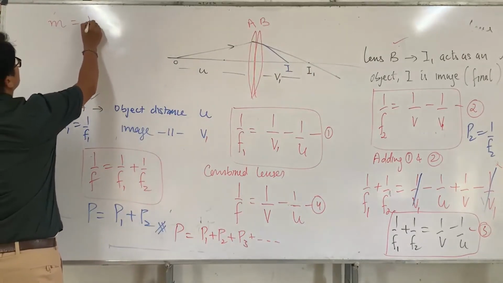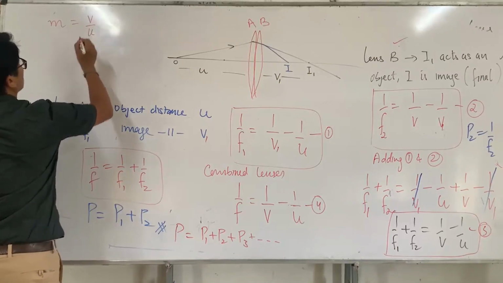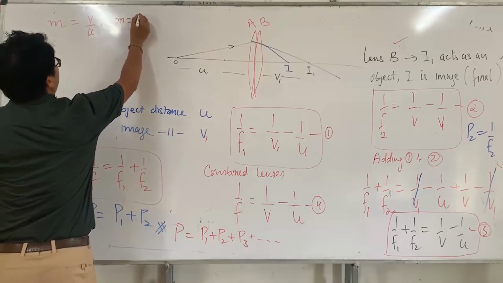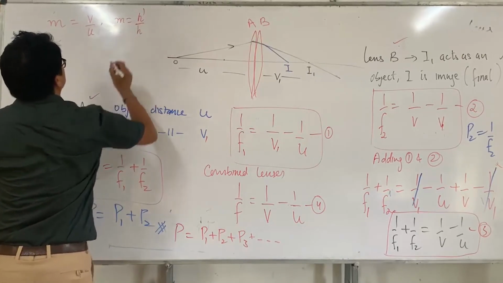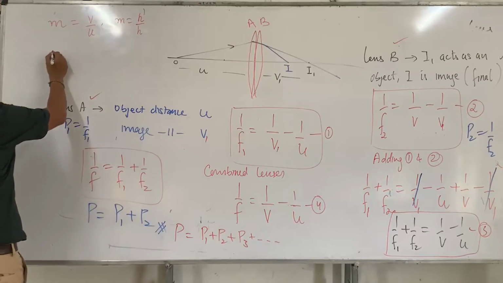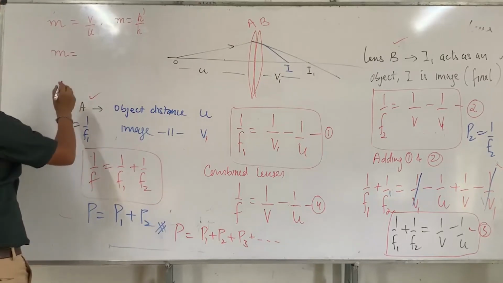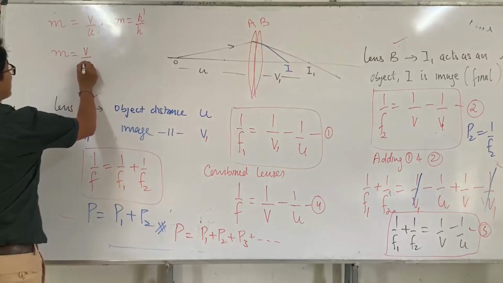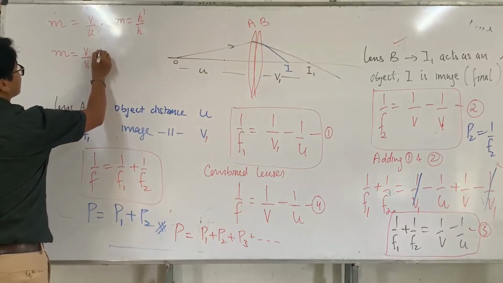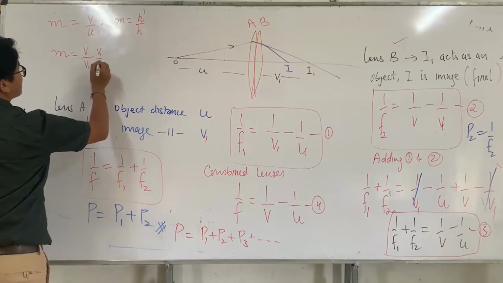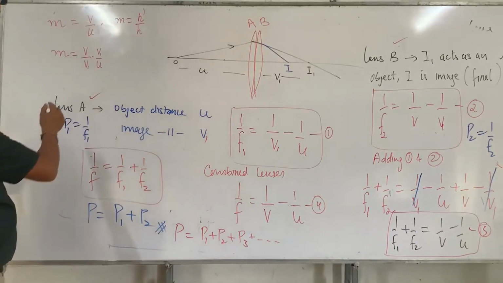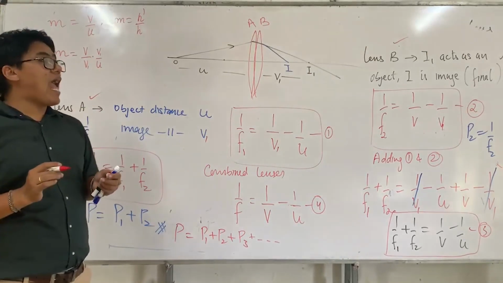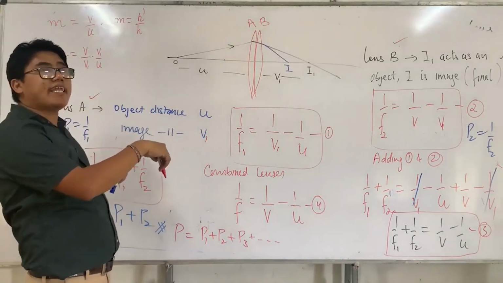Magnification is defined by V by U. Again, magnification is defined by H prime by H. So this is the magnification of the total lens, our combined lens, and I just divide and multiply by V1. Why? Because V1 is an intermediate image. V1 acts as an object for the second lens.